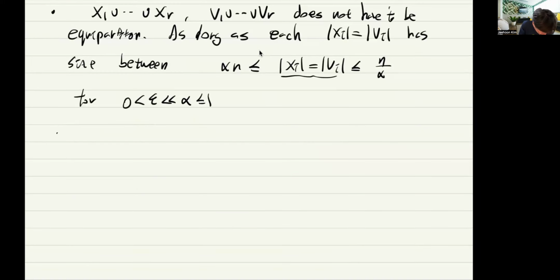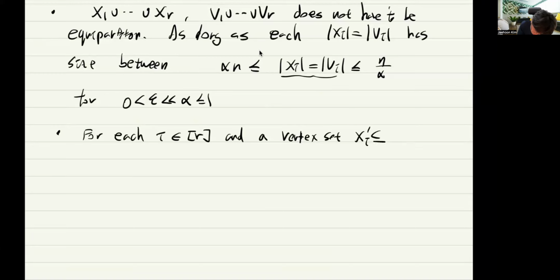And also, it can be strengthened. So for each i, take a vertex subset X prime i, which is a subset of Xi, of size at most epsilon n.